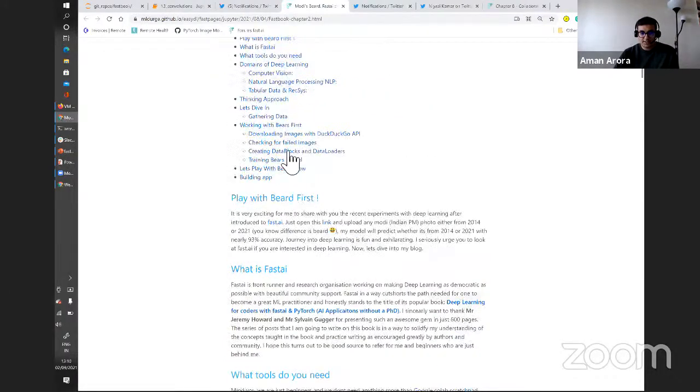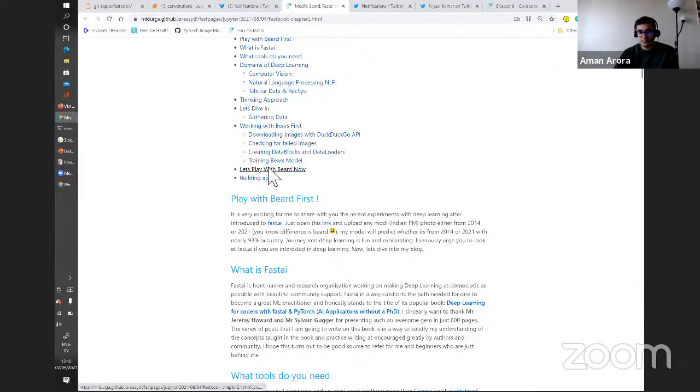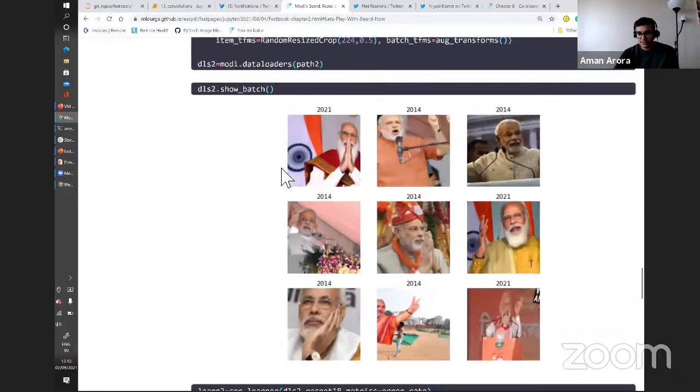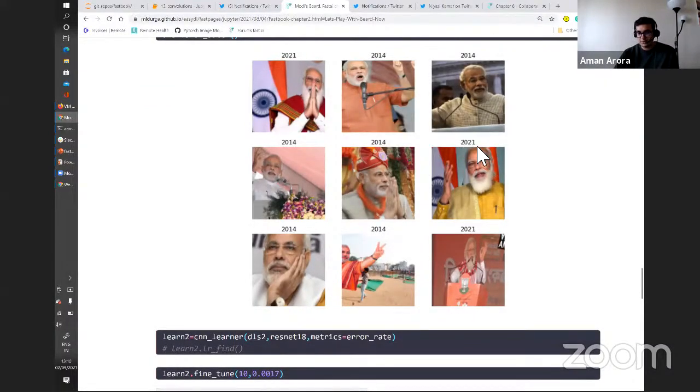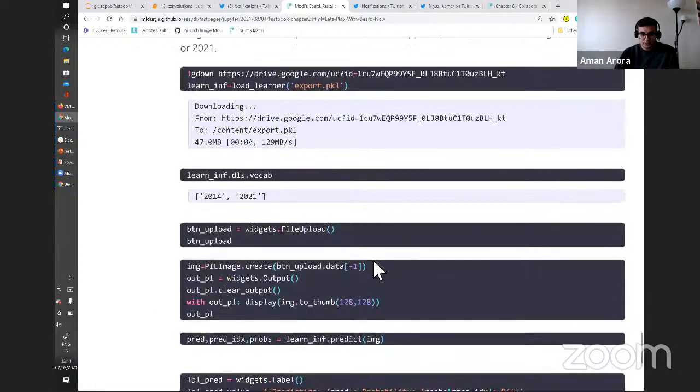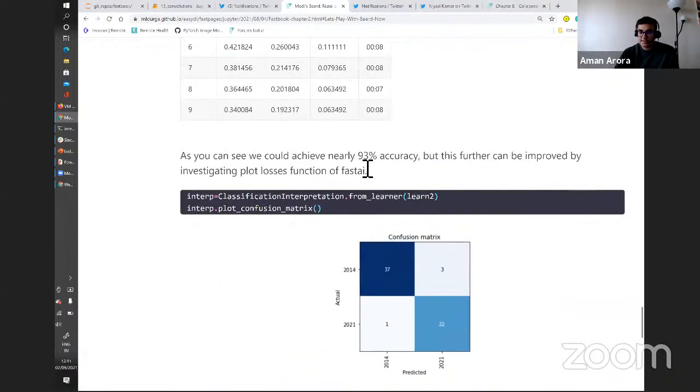He started with the beard detector, which was for black beards. But then he got Prime Minister Modi's images from 2014, and Prime Minister Modi's images from 2021. You can see how the beard has grown, and it's very different facial recognition. He's basically doing facial recognition, and the beard is mainly the difference between the two. Then he's built this classifier that can classify Prime Minister Modi's beard, and it can do so with about 93% accuracy. I really, really like this. I really enjoyed reading this blog post.